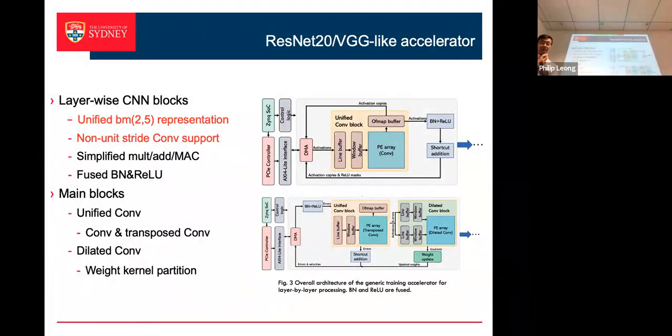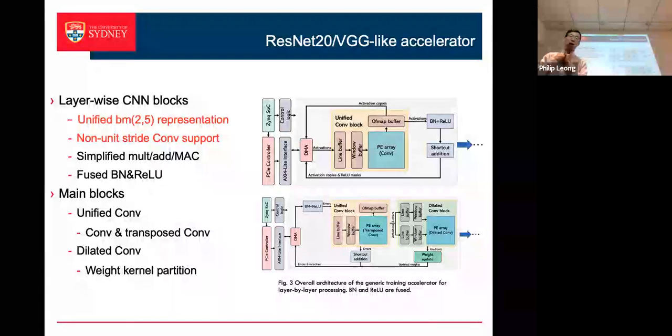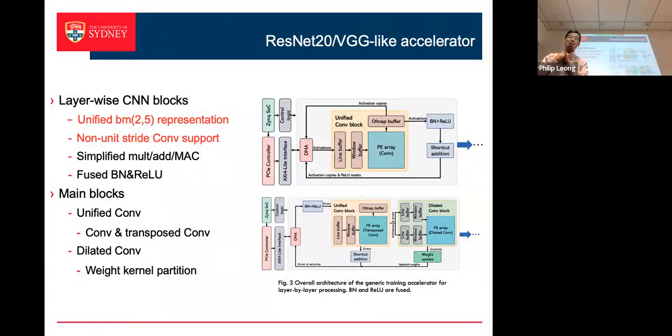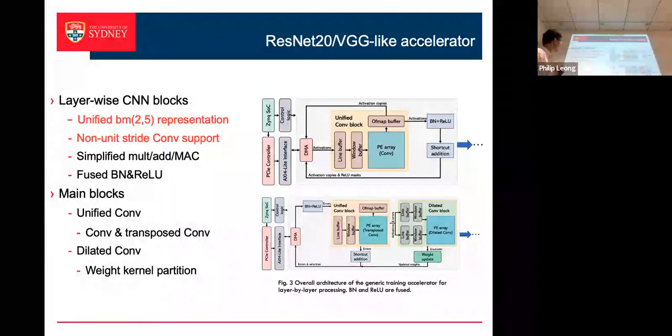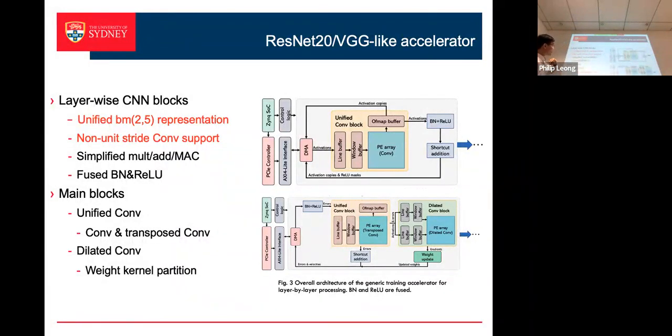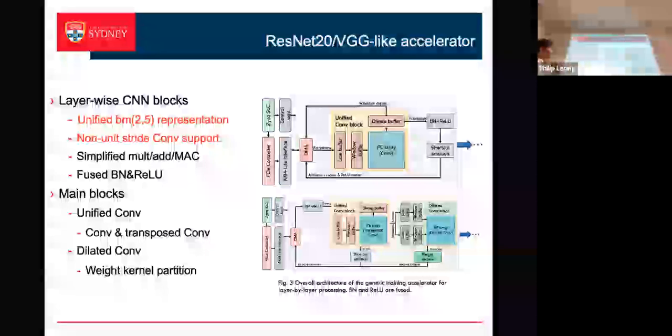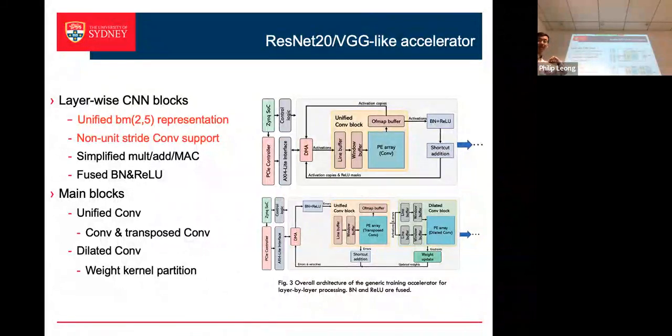In the early work by Sean Fox, we had different precisions for our forward and backward propagation paths. However, when we're implementing an FPGA-based accelerator, we want to have one block that we can reuse for both the forward and the backward. So we chose a unified representation with 2 exponent bits and 5 mantissa bits.